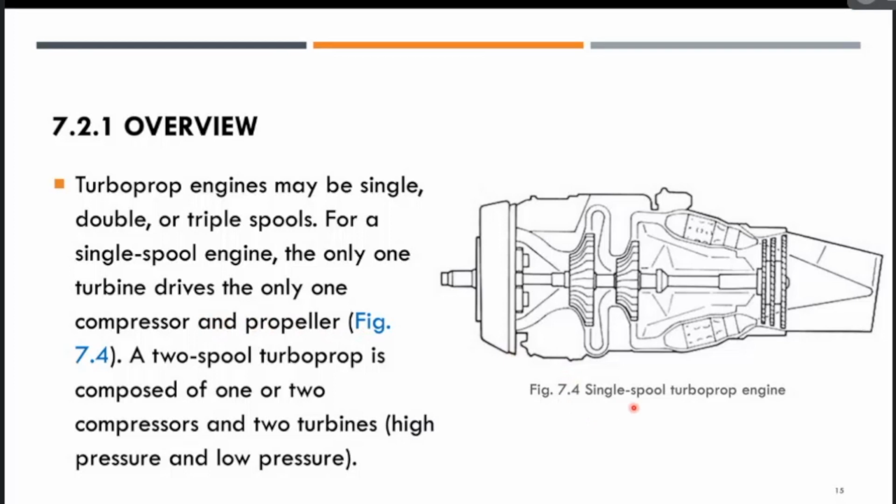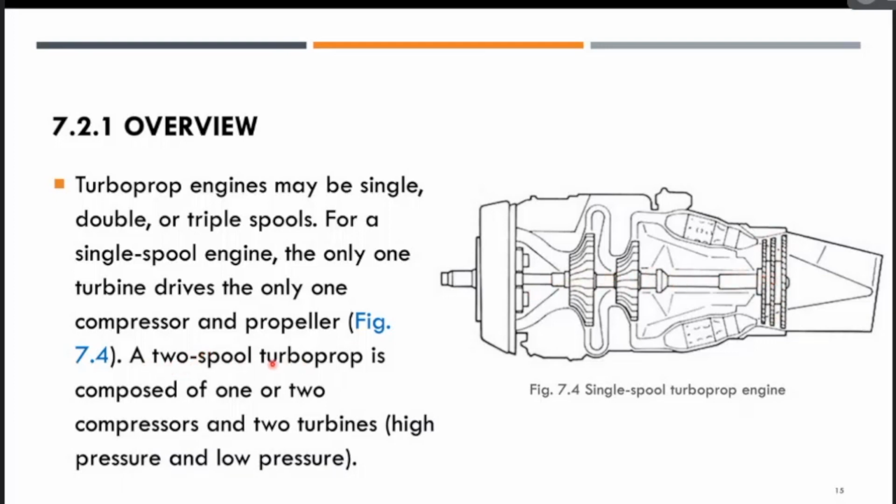You can see in this particular figure a schematic diagram of a typical single spool turboprop engine. You have the centrifugal compressor as well as the axial turbine at the rear of the engine, connected via one shaft.